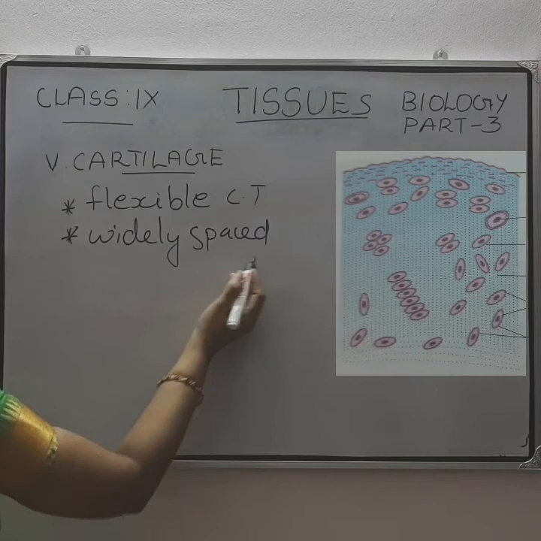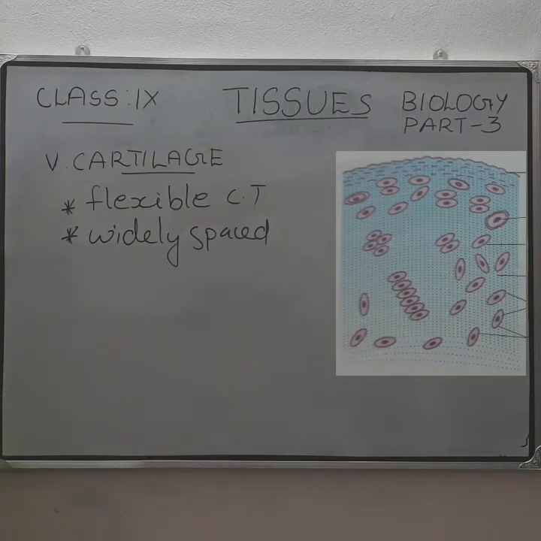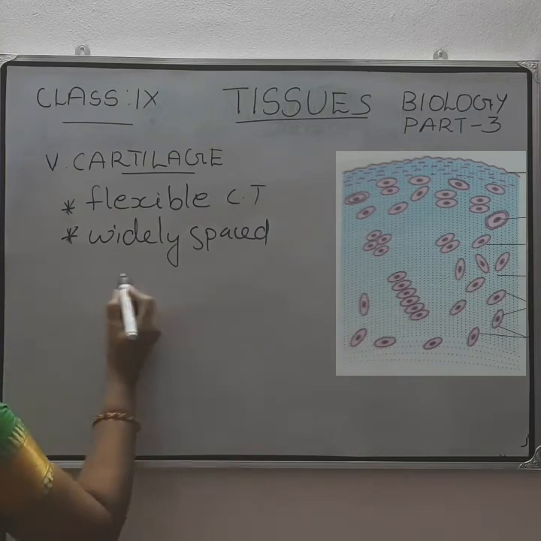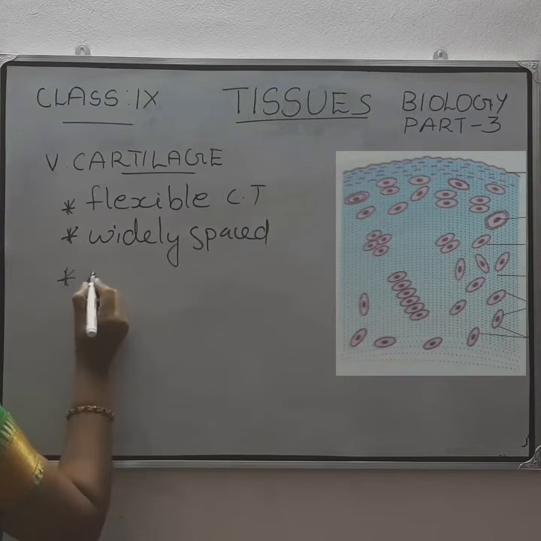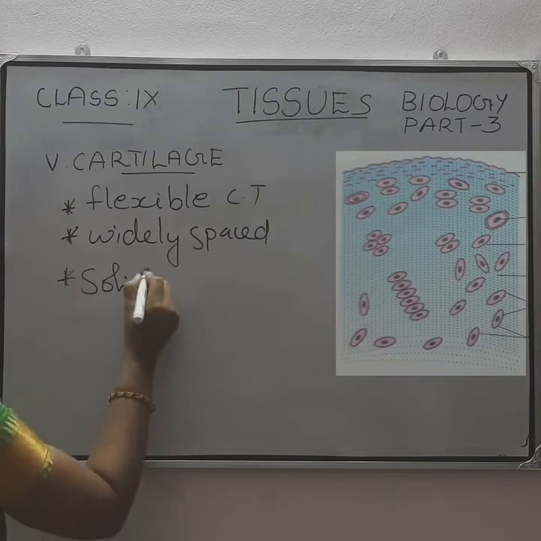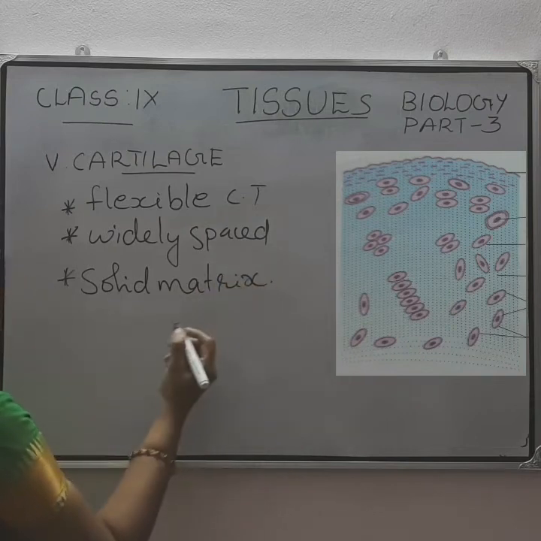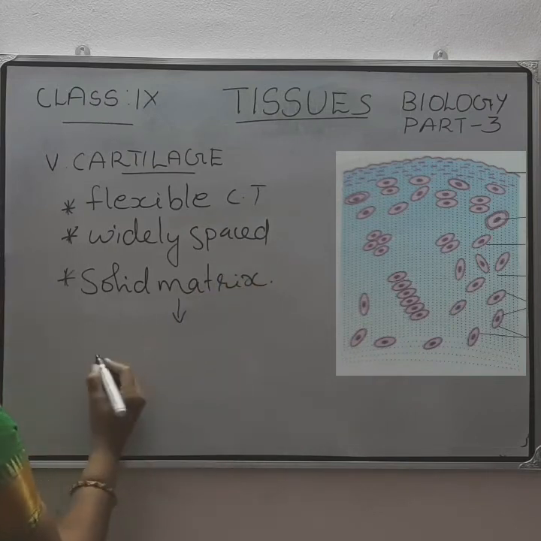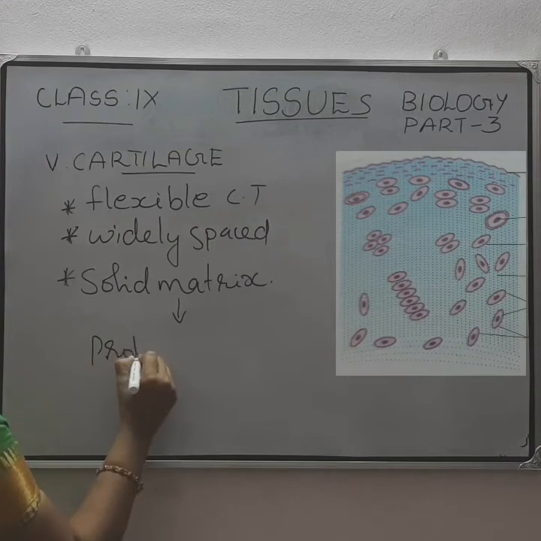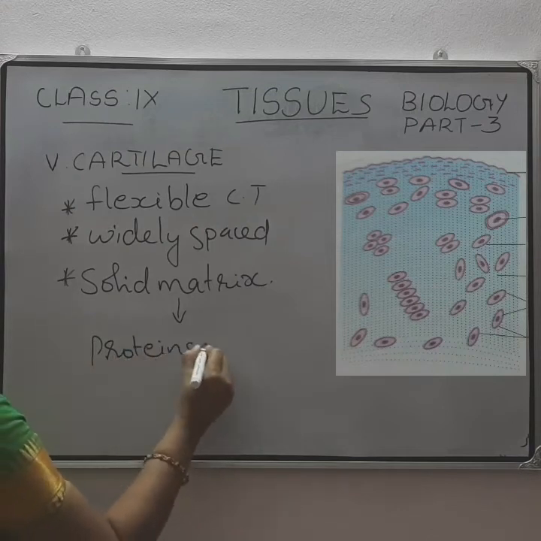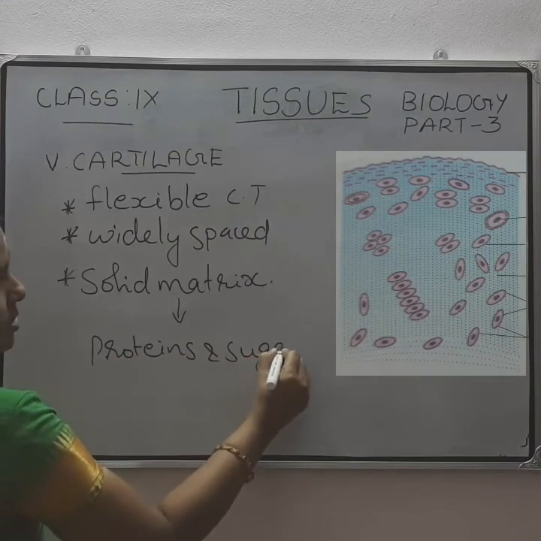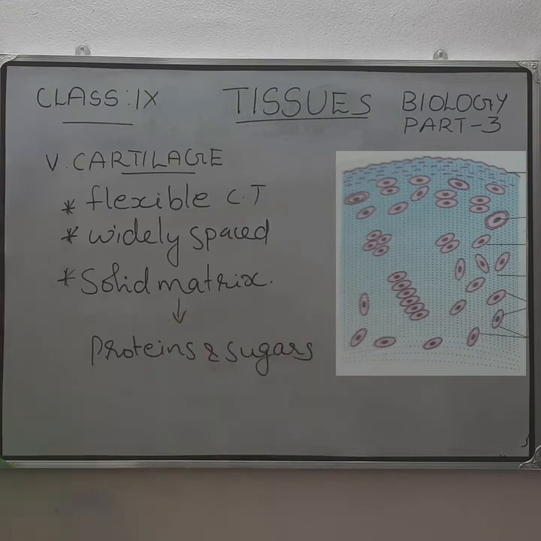So widely spaced or loosely packed cells are present and it consists of solid matrix. And this matrix is composed of proteins and sugars. So these are flexible connective tissue, and widely spaced cells are there.